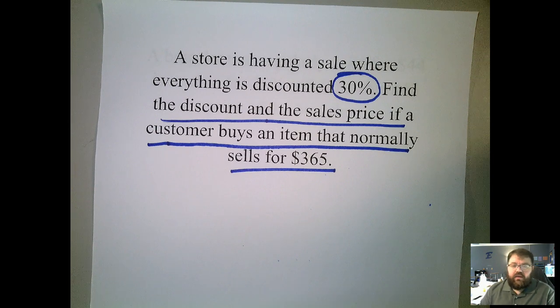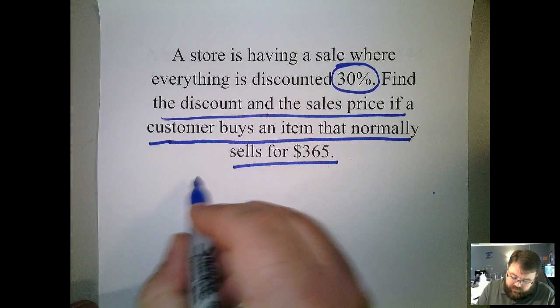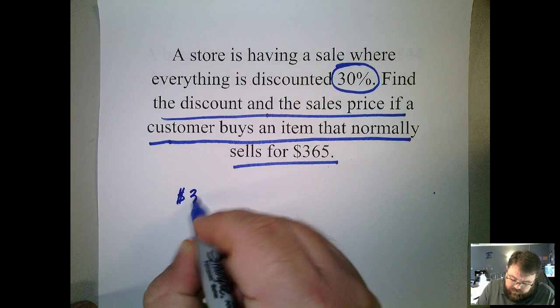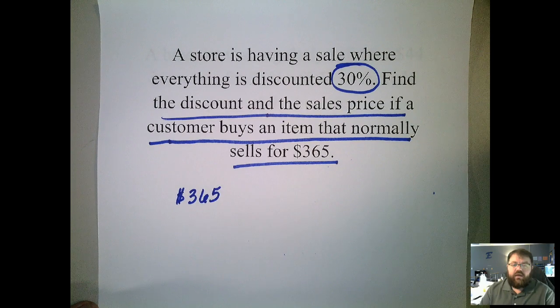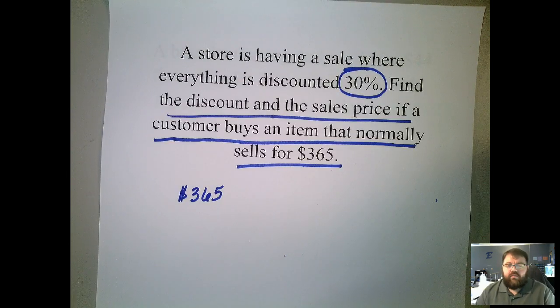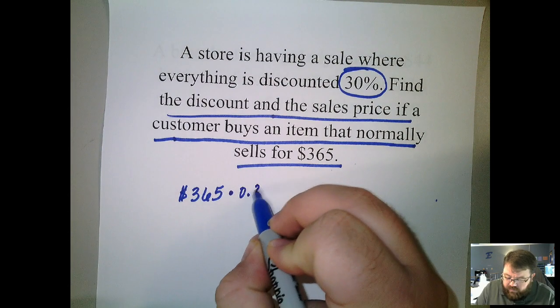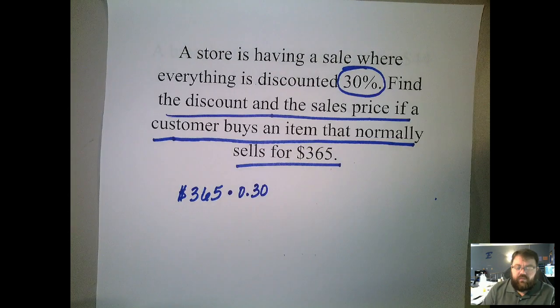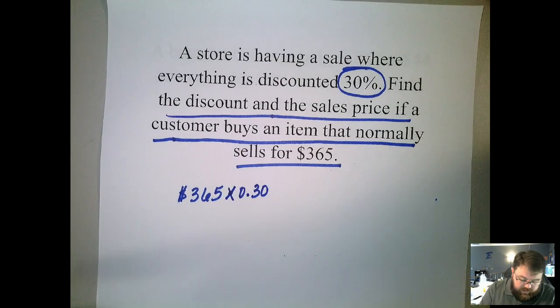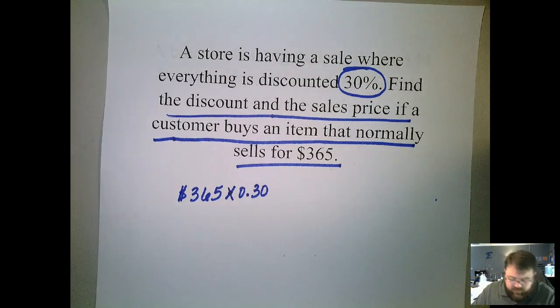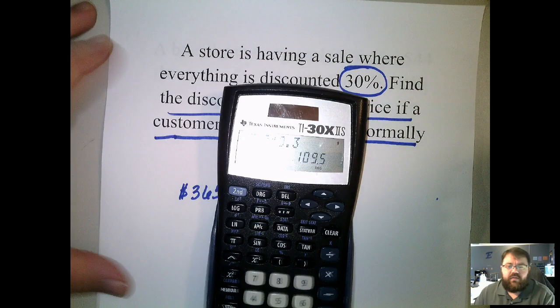Now, if an item is $365, and I am going to get a 30% discount, I can multiply that by 0.30. Okay. And that's going to give me this.